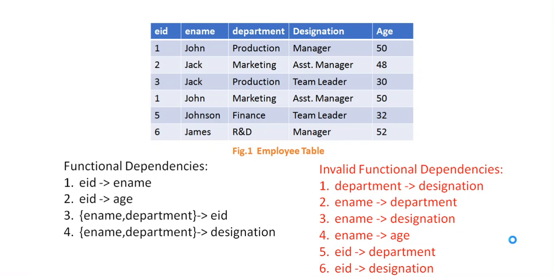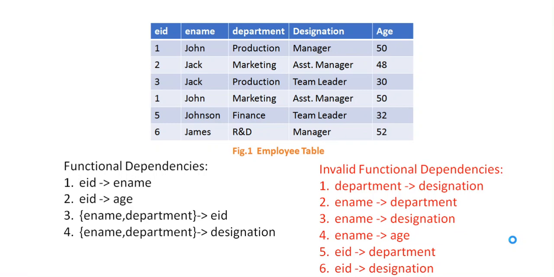See, here there are two employees with the same name, that is Jack. But these two are different employees because employee IDs are different. One is having employee ID 2 and second is having employee ID 3, and the ages of both employees are different. One employee is having age 48 and second employee is having age 30.